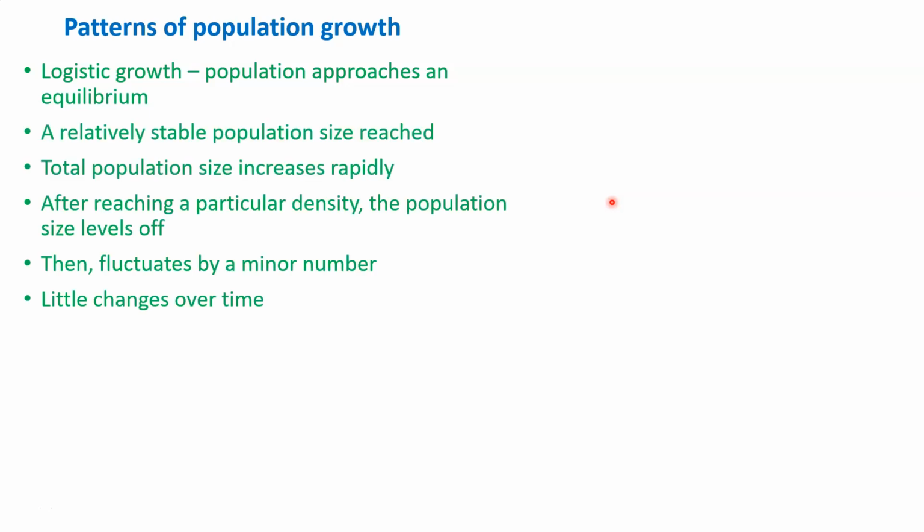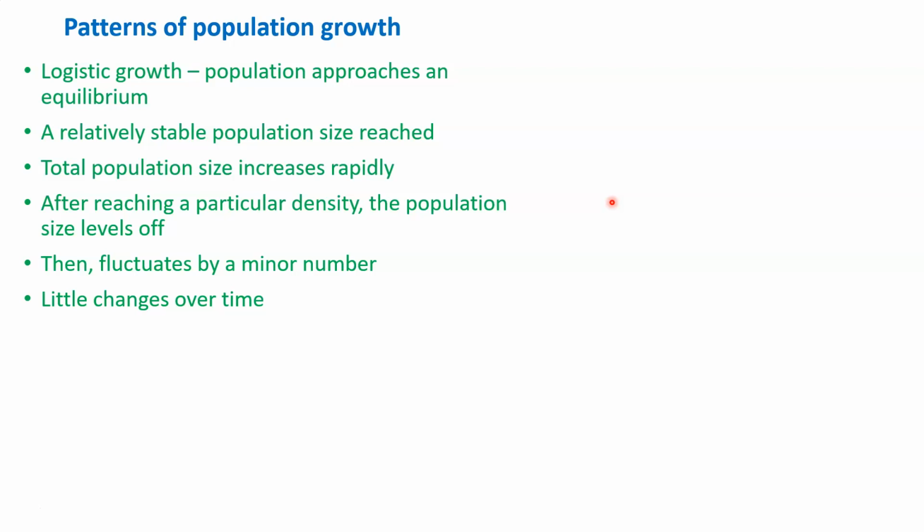Now you do know about logistic growth, which is the growth pattern that you observe when a population approaches a particular equilibrium, right? And remember, the population size at which the growth stabilizes is known as carrying capacity, right?